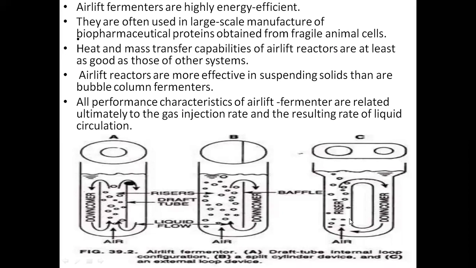And the third configuration is an external loop device, where the central portion acts as the separator, and a loop is formed inside the fermenter vessel, with circulation of the media across this central region. So these are the three possible airlift fermenter configurations.